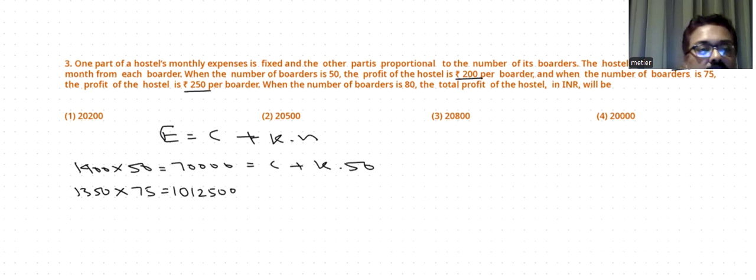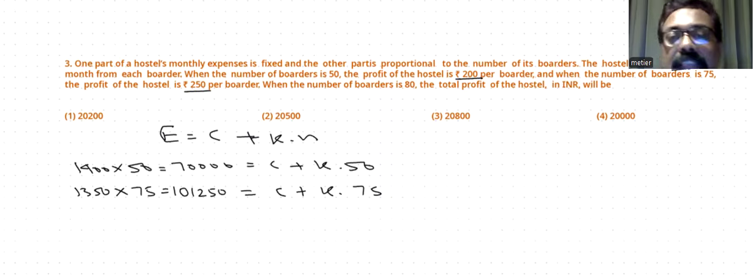Sorry, 10 will be less. All right, 101,250. So it will be C plus K into 75. I think you can go with these two equations quickly.